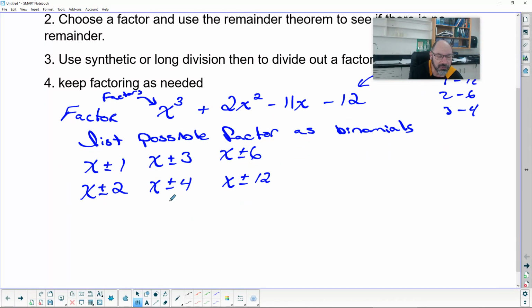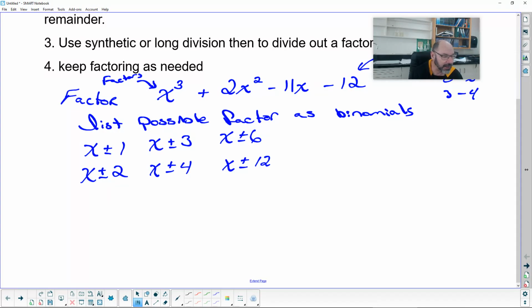So we're going to choose one and test the factors. I'm going to do x plus 1. I usually start with x plus 1 or x minus 1 because it's the easiest one to plug in.